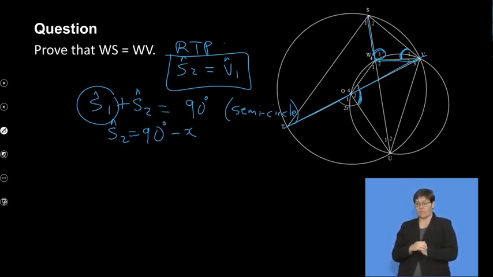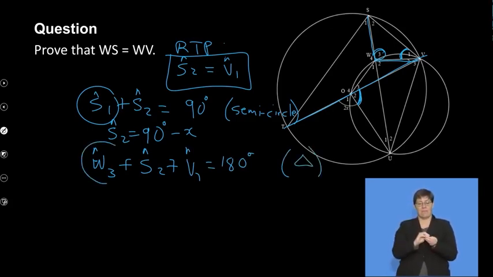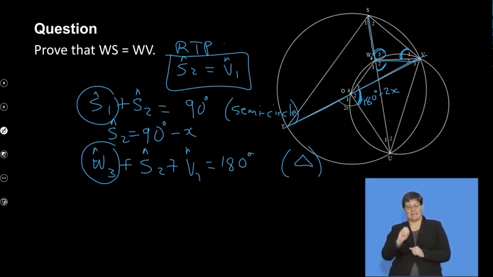So I know that W3 plus S2 plus V1 must be equal to 180 degrees, and this will be sum of angles in a triangle. W3 will always be, because O2 is 180 degrees minus 2x, and W2 will be equal to that. It makes W3 equal to 2x, do you see? Because it will be 180 minus that, so it will just be positive 2x.